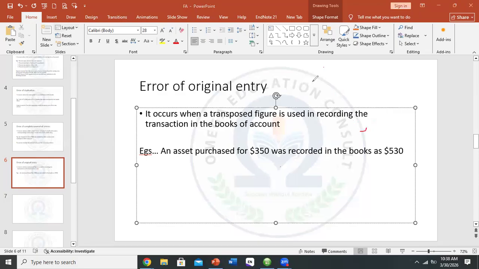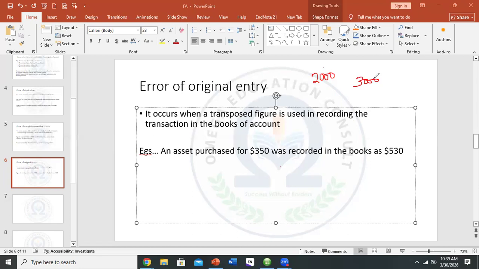Maybe the amount involved in the transaction was 2,000, but the accountant recorded it in the books as 3,000. When you compare these two figures, you don't see any transposition. No figure has been changed. The figure has just been inflated or overstated.